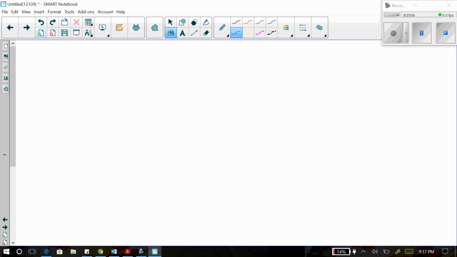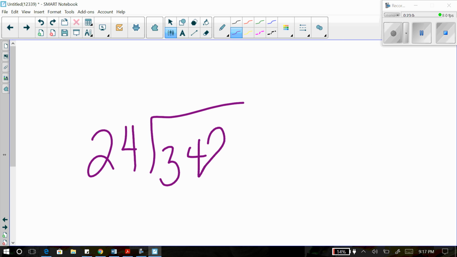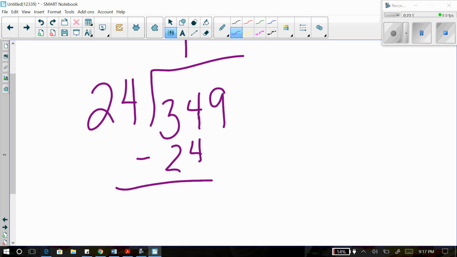Now, I'm going to help you guys change that into a mixed number. 24 goes into 34 once. 1 times 24 is 24. So when I subtract it, bring down the 9.